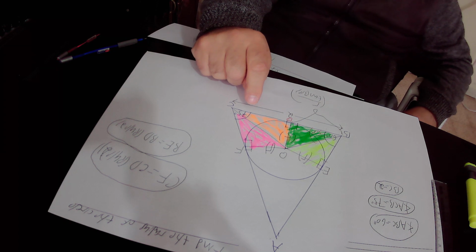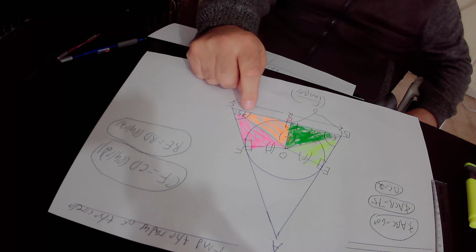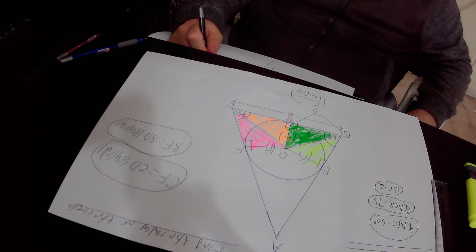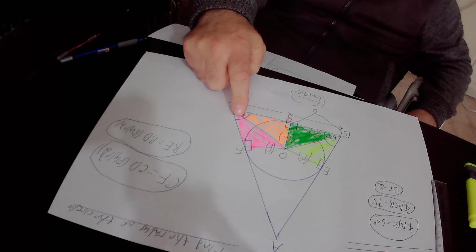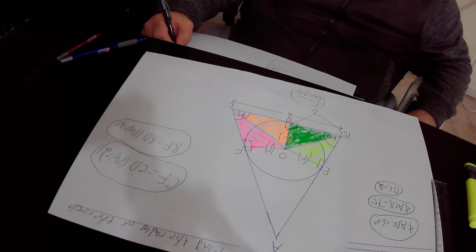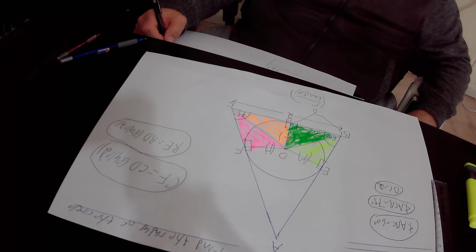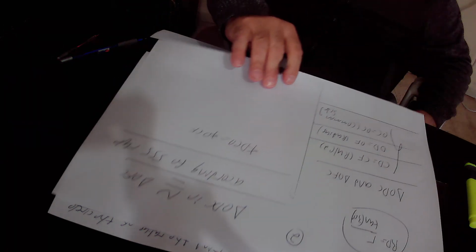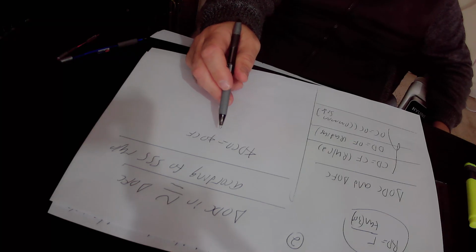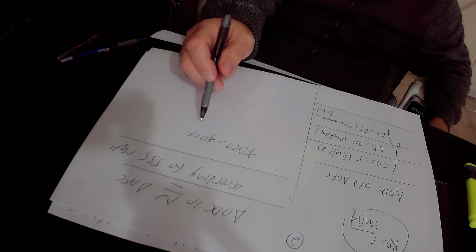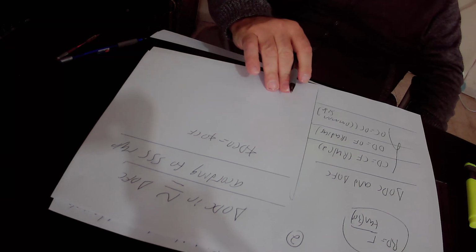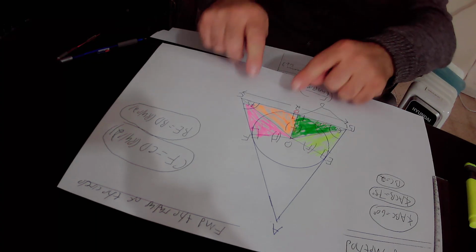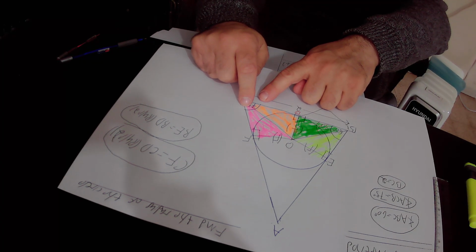This is angle DCO in the orange triangle, and it is equal to angle OCF in the pink triangle, according to the rule that corresponding angles in congruent triangles are equal to each other.